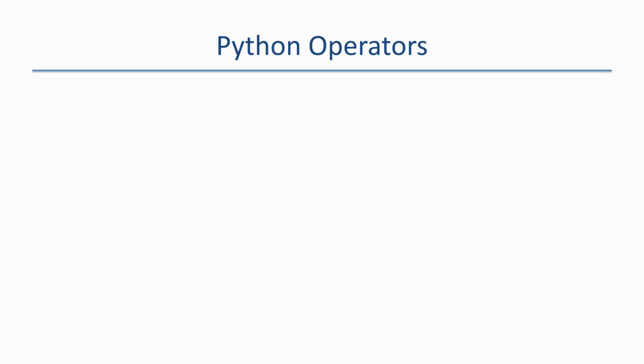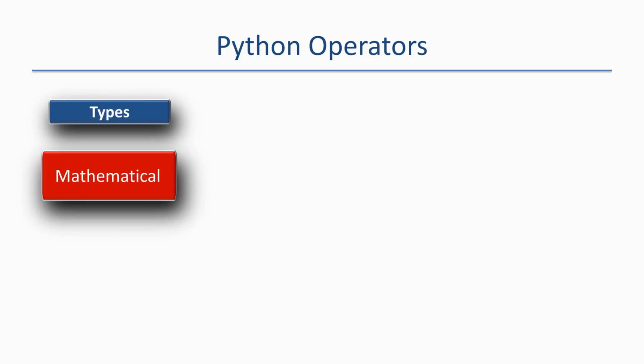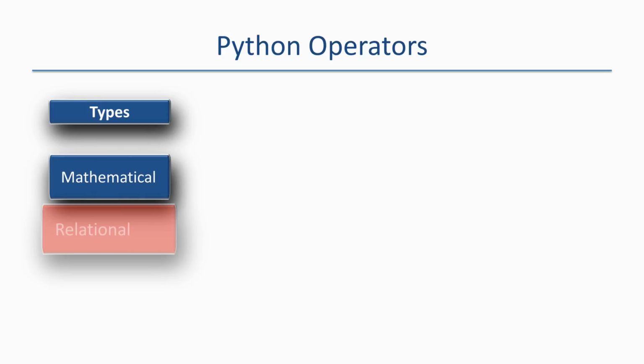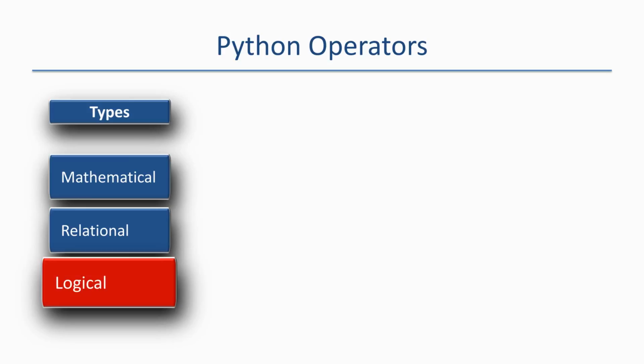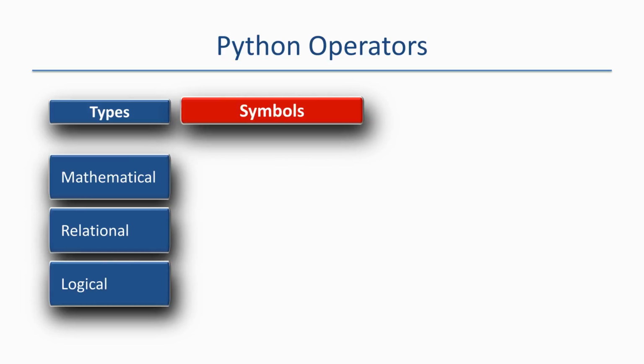There are different types of operators in Python. Let me start with the most popular and the simplest ones. There are mathematical operators, there are relational operators, and there are logical operators. Each of these operators uses different symbols.